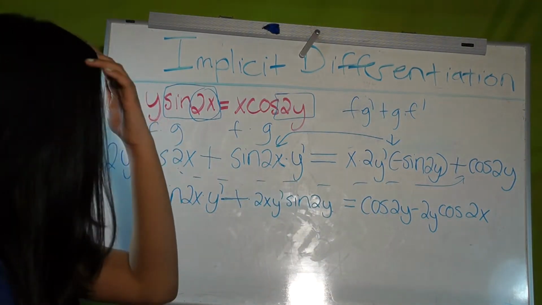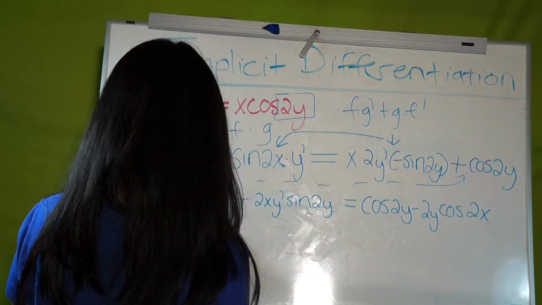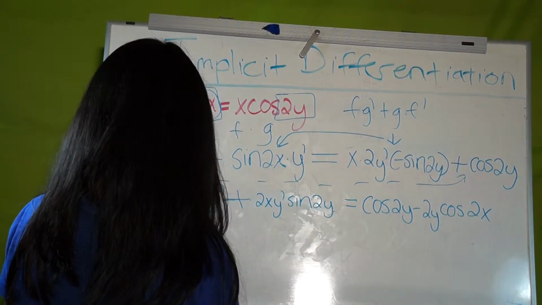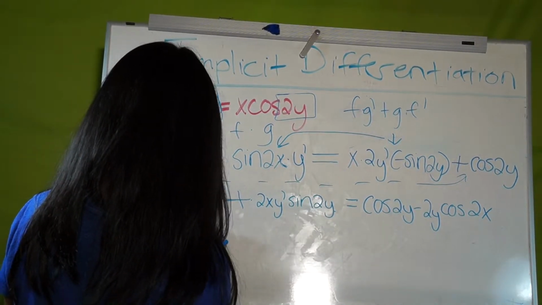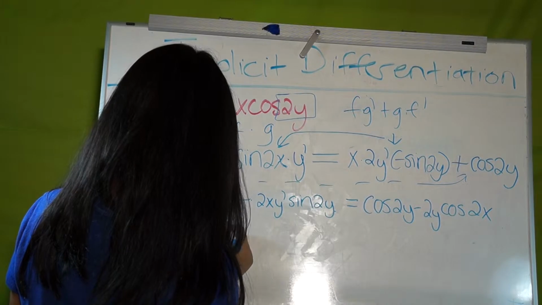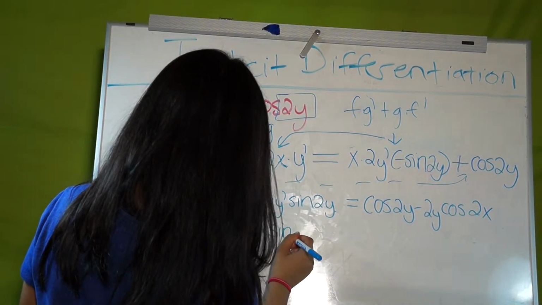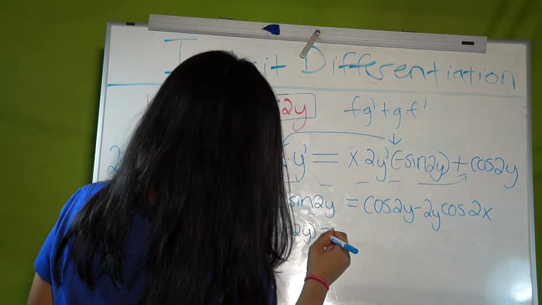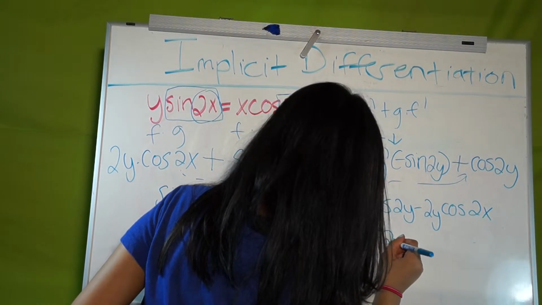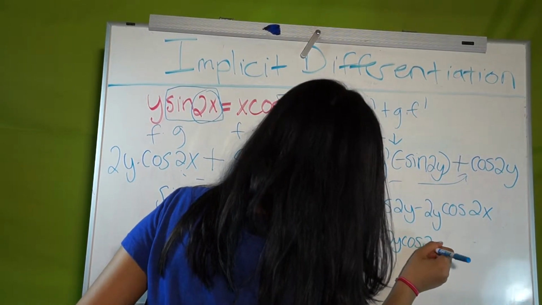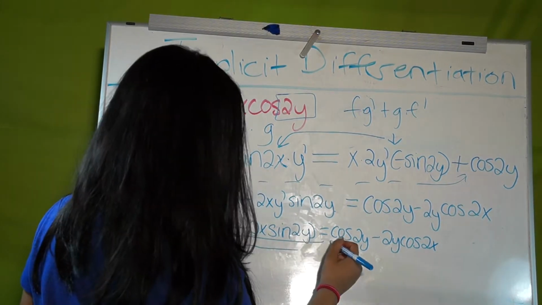It's basic algebra. Now we're going to factor out y prime because we're solving for y prime. So it will be sine 2x plus 2x sine 2y equals cosine 2y minus 2y cosine 2x. Now just divide both sides.